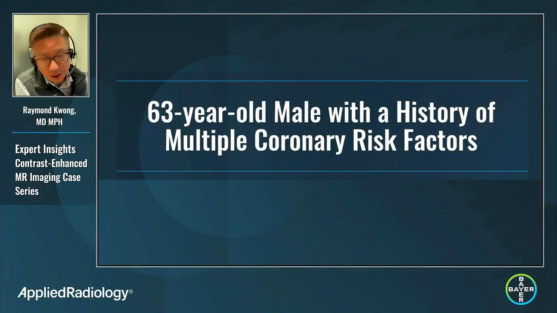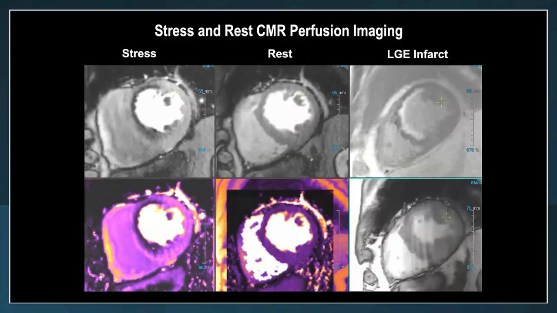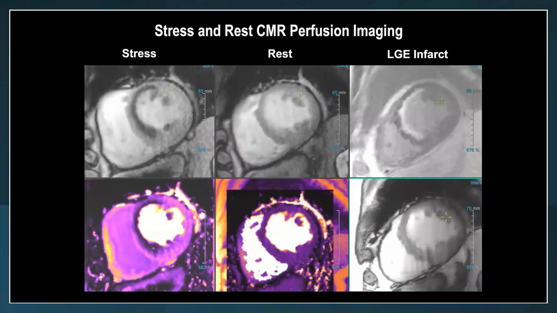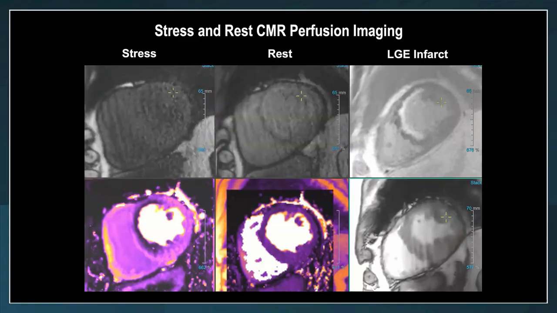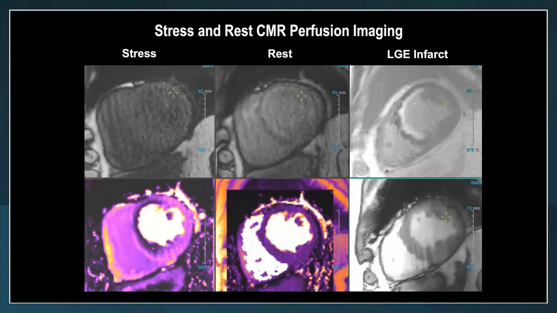I will demonstrate the cardiac MRI methods by showing a case from a 63-year-old gentleman with a history of multiple coronary risk factors. The current MRI techniques have high resolution. On the left are the stress perfusion images, the middle column is the rest perfusion imaging, and on the right upper panel is the late enhancement, matched by the same cut of cine imaging in the right lower corner.